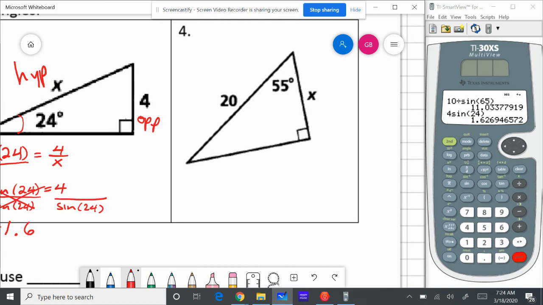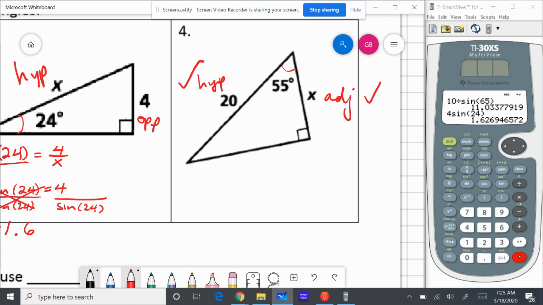And number 4. Okay, we have this 55-degree angle. 20 is the hypotenuse. X is adjacent. So the trig ratio that uses adjacent and hypotenuse is the cosine.